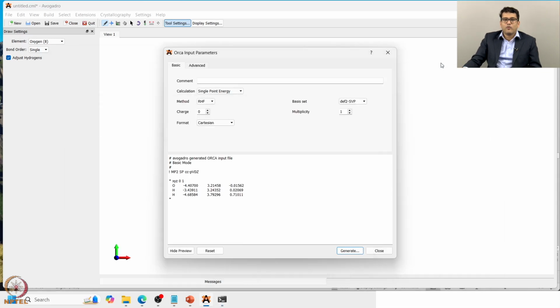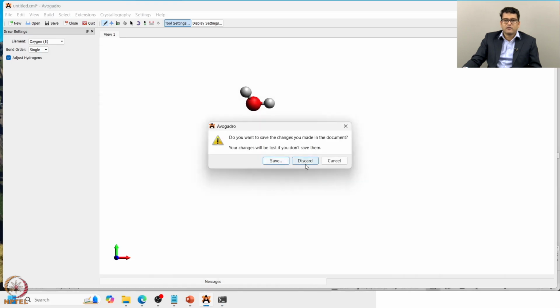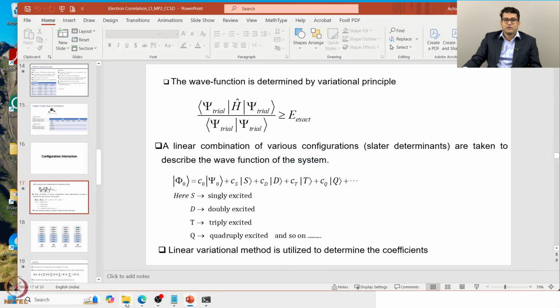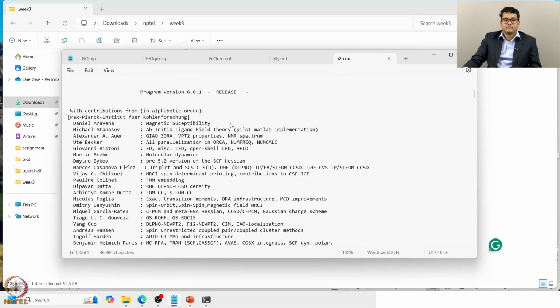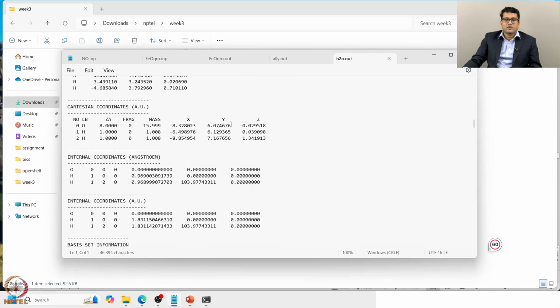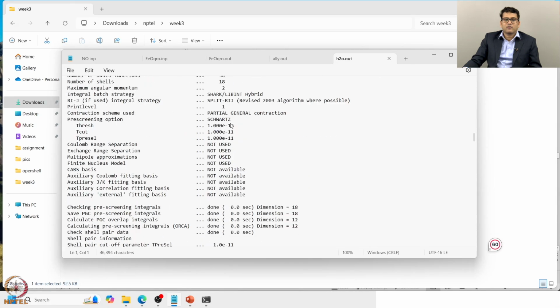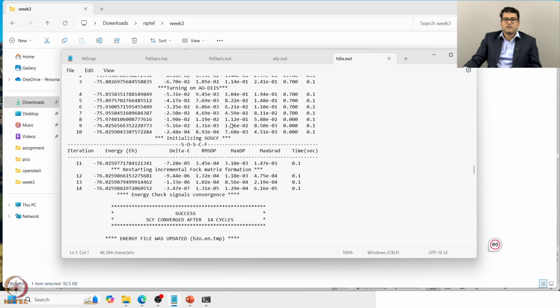So, now let me open my output file. I can close the Avogadro for the time being. So, this is my Hartree-Fock. My calculation is done.